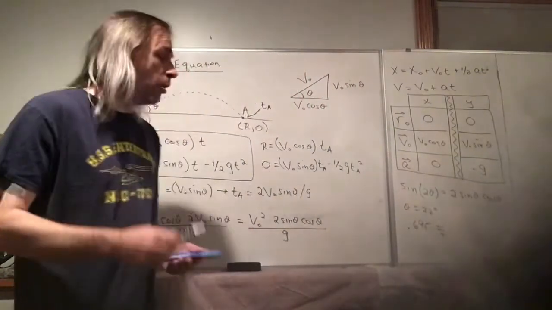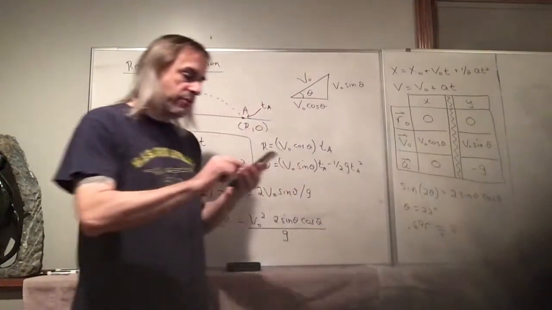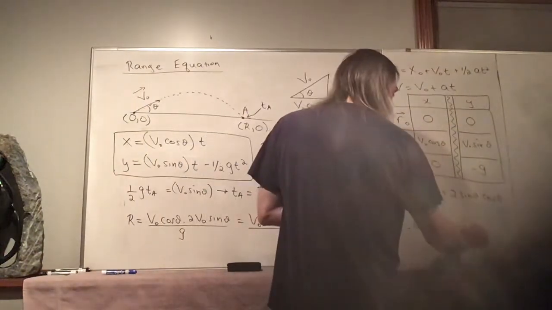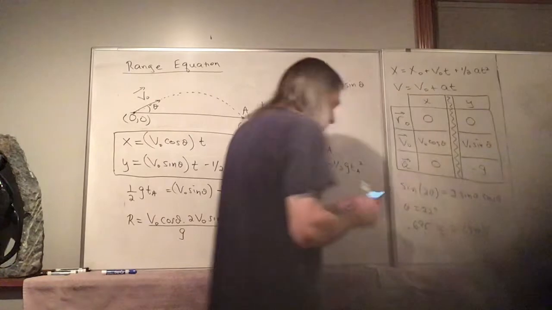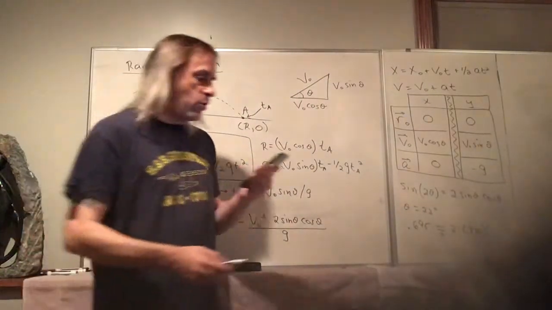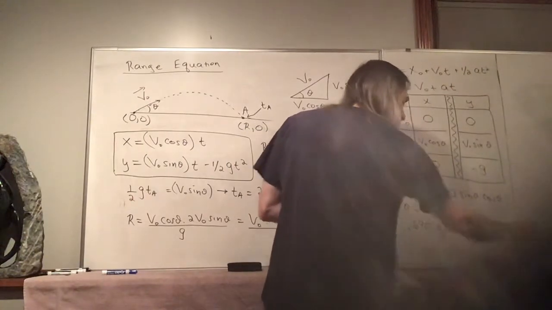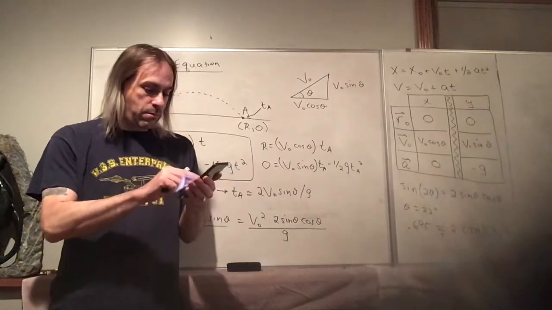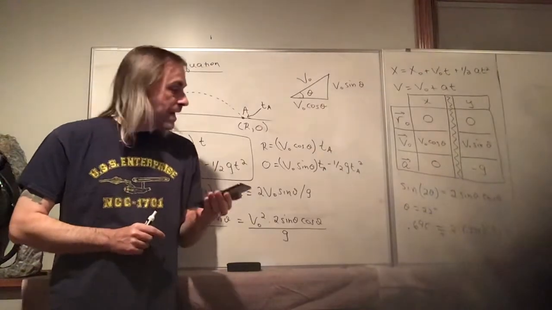And then that's equal to 2 times sine of 22 degrees, which is 0.375, and then cosine of 22 is 0.927. So I'm going to multiply these three numbers on the right side. And what I'm getting is 0.695.